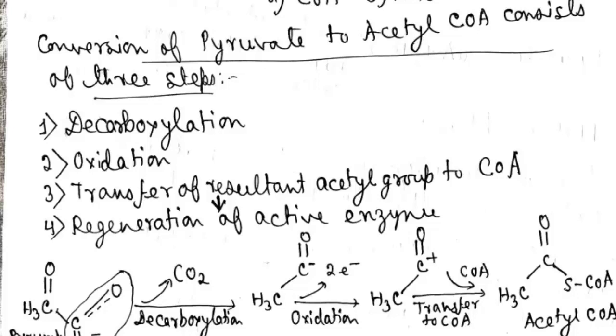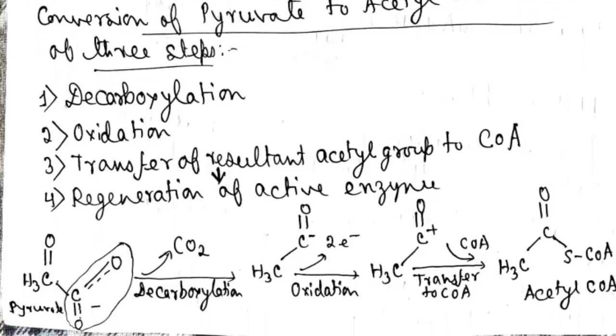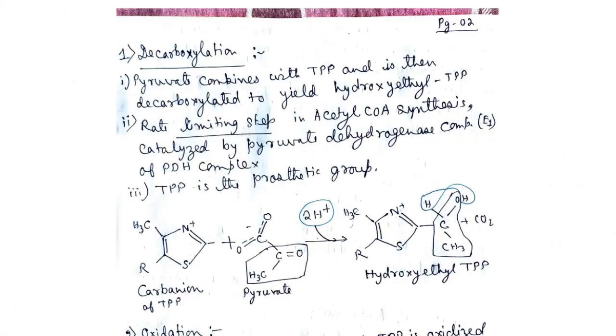Why is this step important? Because if there is no regeneration of this active enzyme, further conversion of pyruvate to acetyl CoA will not occur. Now one by one we will come to the steps of pyruvate dehydrogenase complex.